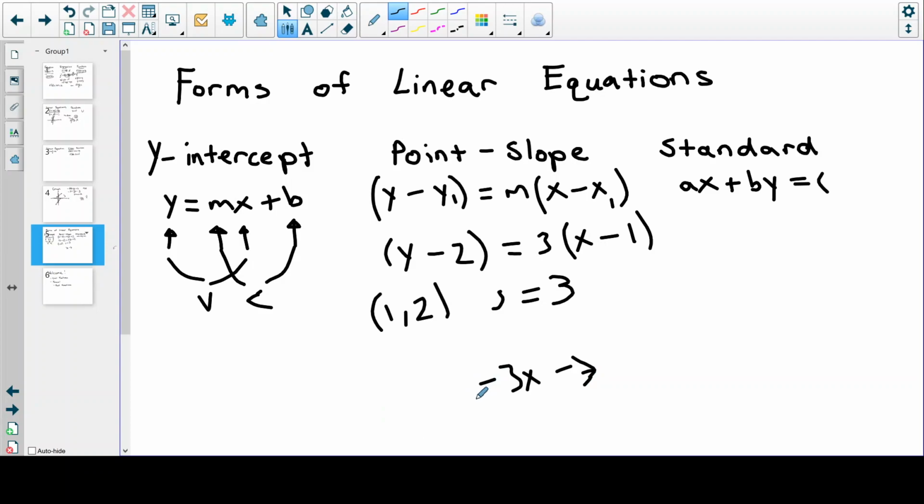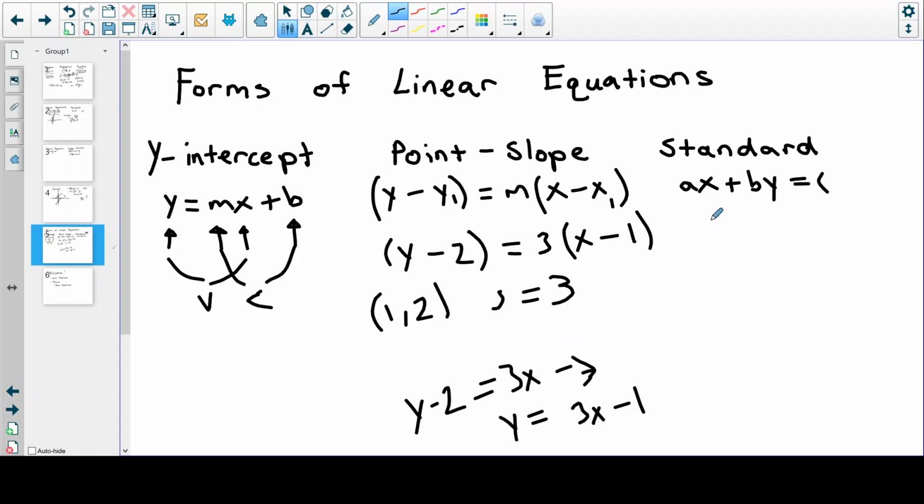And that equals y minus 2. Then if you bring the 2 over, you just get y equals 3x minus 1. So that's your y-intercept form. You can convert point slope really easily to y-intercept.